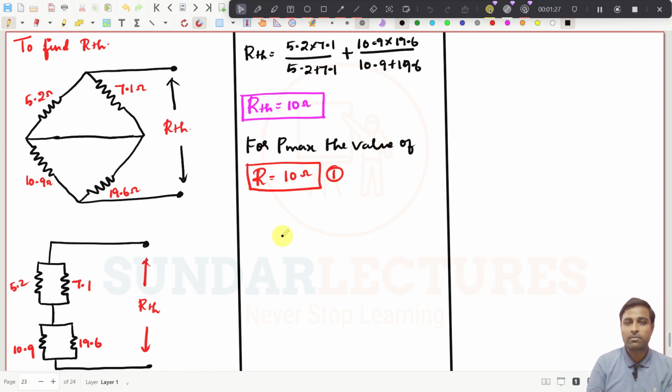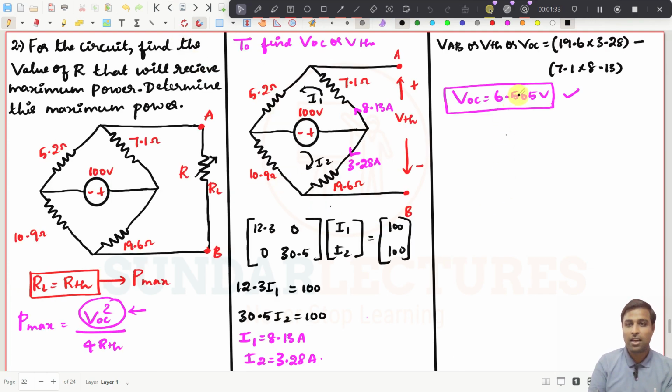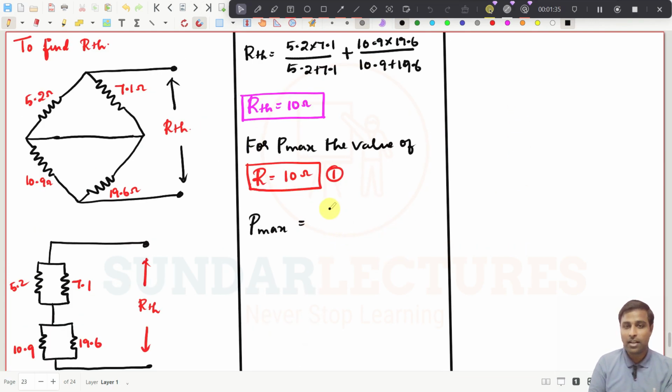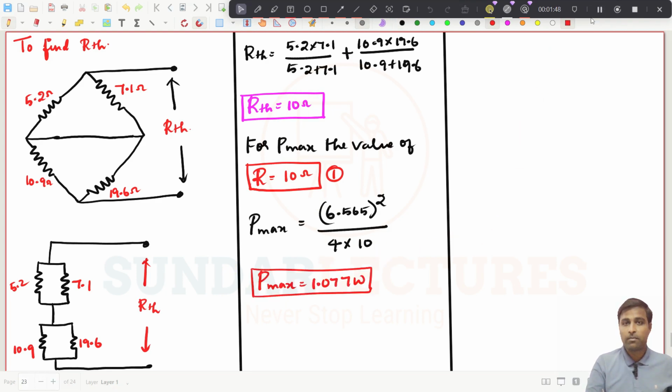And you need to find P max. To find P max, VOC squared, where VOC is 6.565, so 6.565 squared divided by 4 into RTH, that is 10 ohms. If you simplify this, you will get P max equal to 1.077 watts. This is the second question.